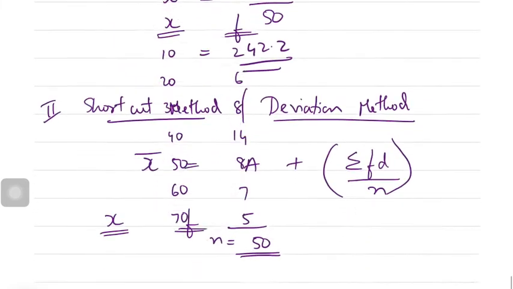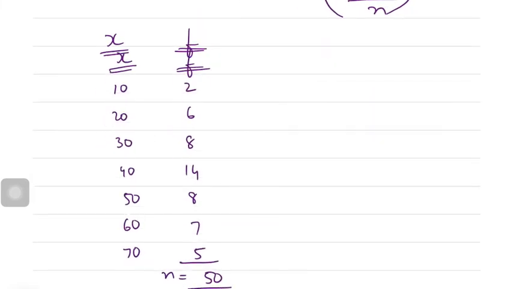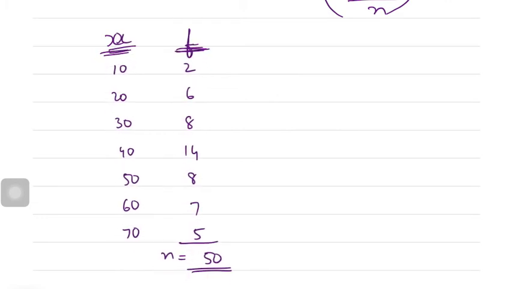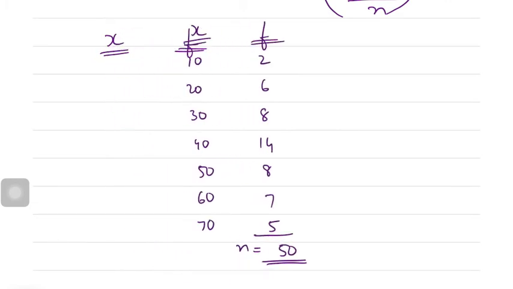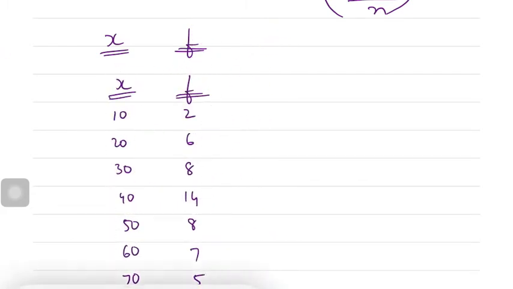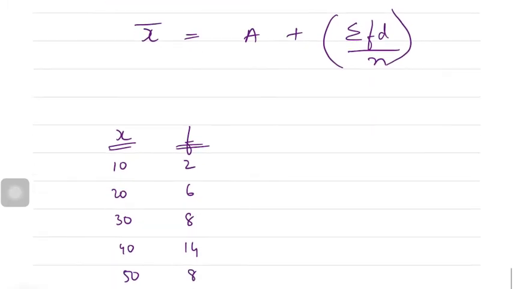Anyway, I'll take the same thing again here. Now the formula is x bar is equal to a plus summation fd upon n.